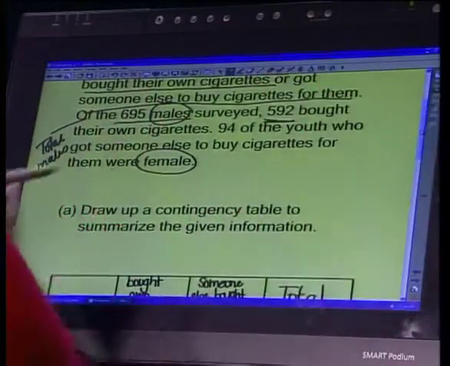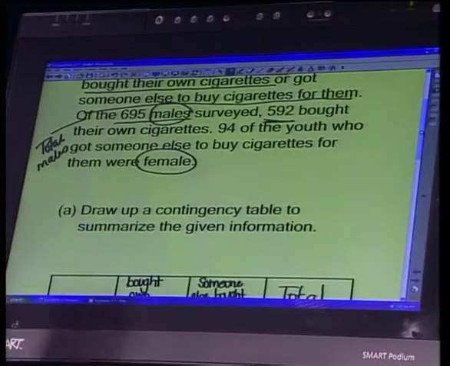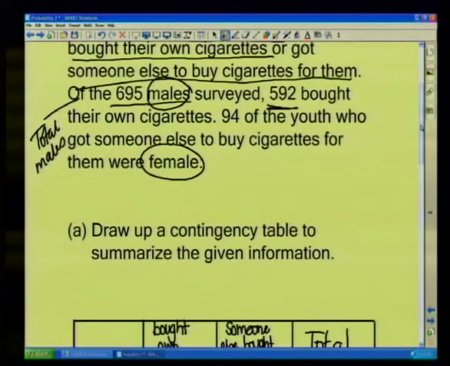Okay, let's go on to the next bit of information that they've given us. Always just look for the numbers. The numbers actually are the bits that they've given you, so then you can start to try and figure out where they all belong. Then I've got 94 of the youth who got someone else to buy their cigarettes for them were female.